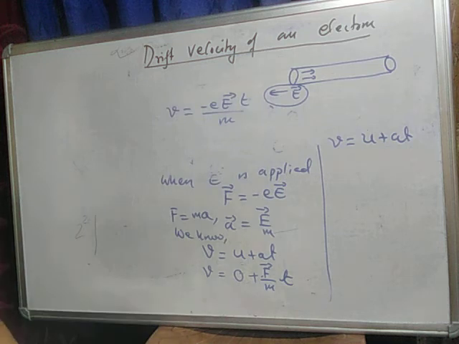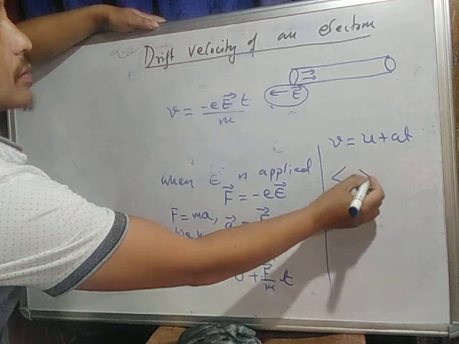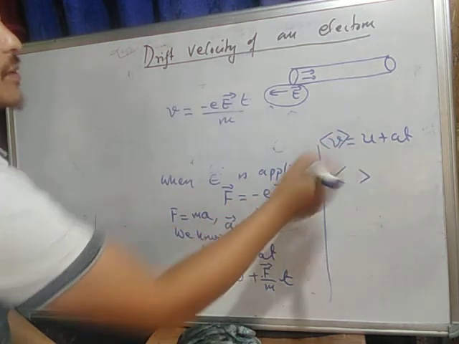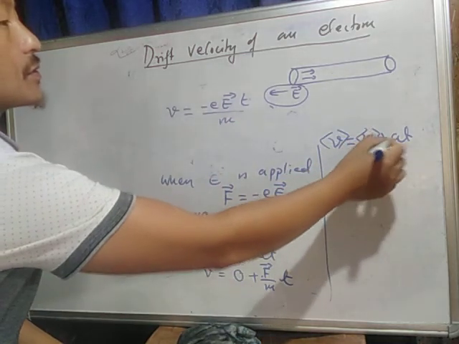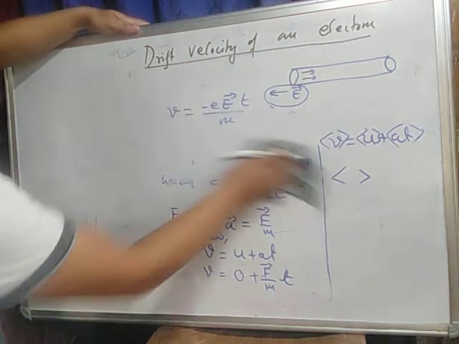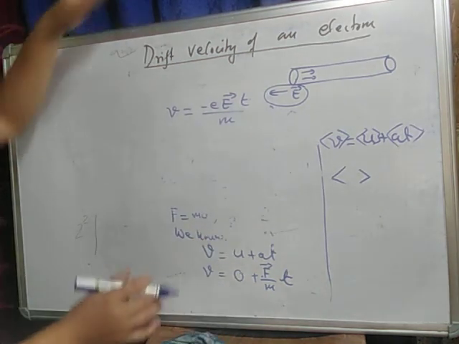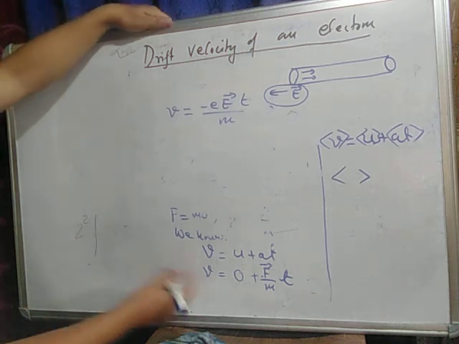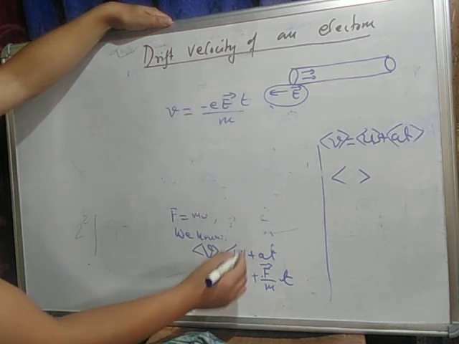And this sign indicates the average of V. So if I take this, because we need average velocity, isn't it? So this sign indicates average of that particular thing. Okay, so how much you'll get? It's okay.